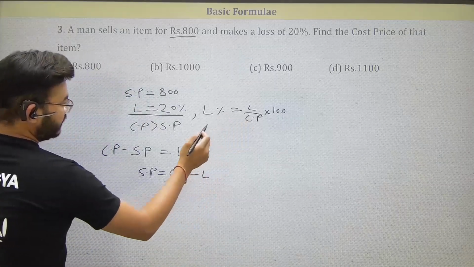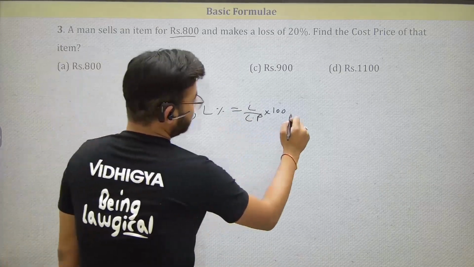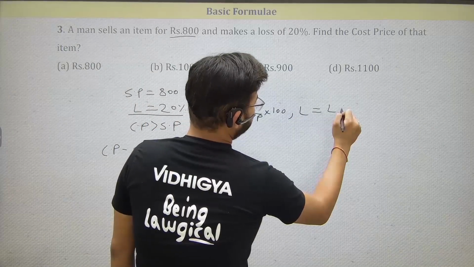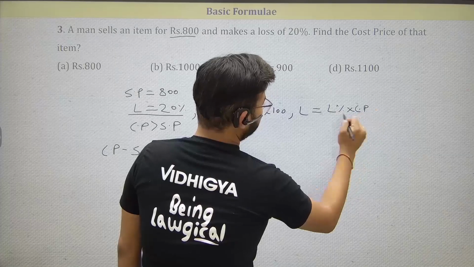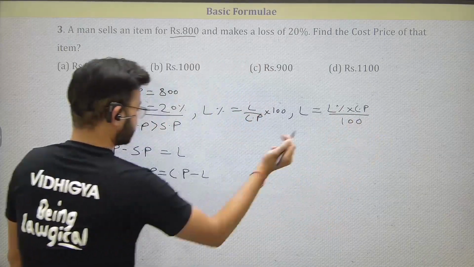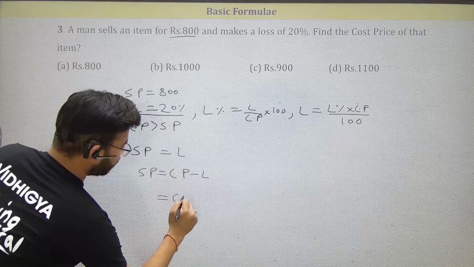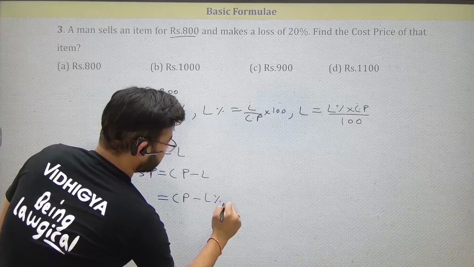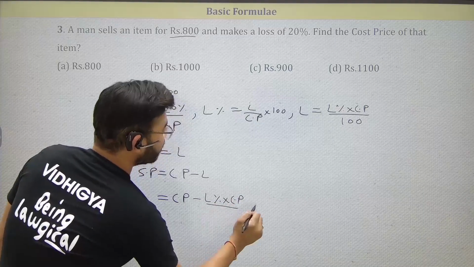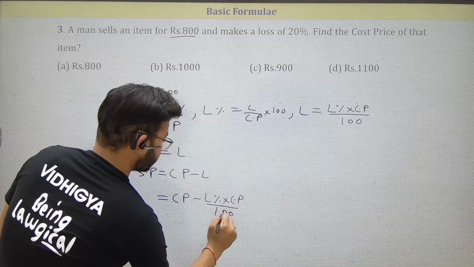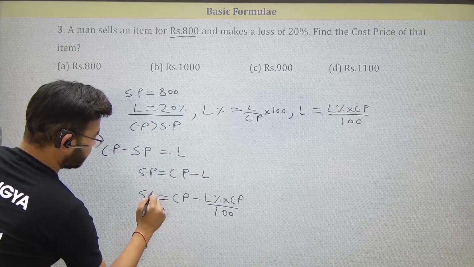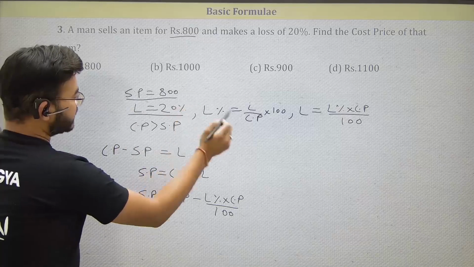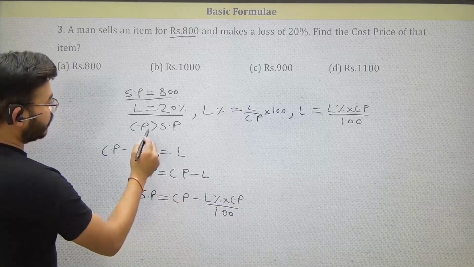From here we can get that loss is equal to loss percent into cost price upon 100. Simply putting this value over here, we get cost price minus loss percent into cost price upon 100, and this is equal to selling price. Now we know the value of selling price. We need to find the cost price, and we also know the loss percent.